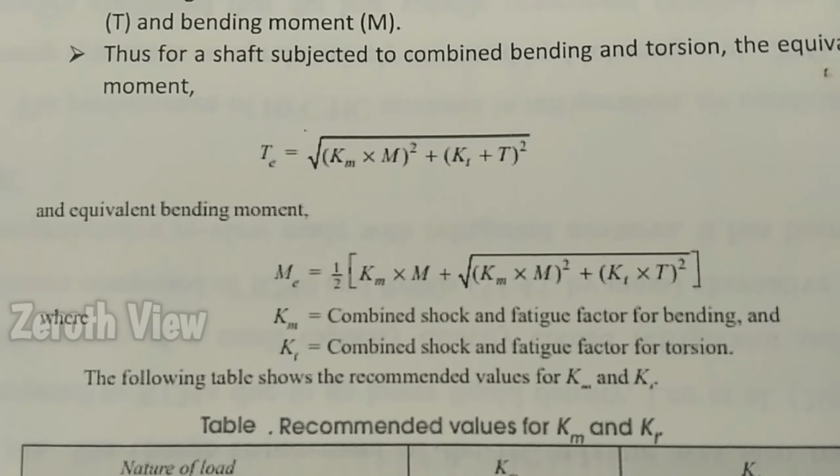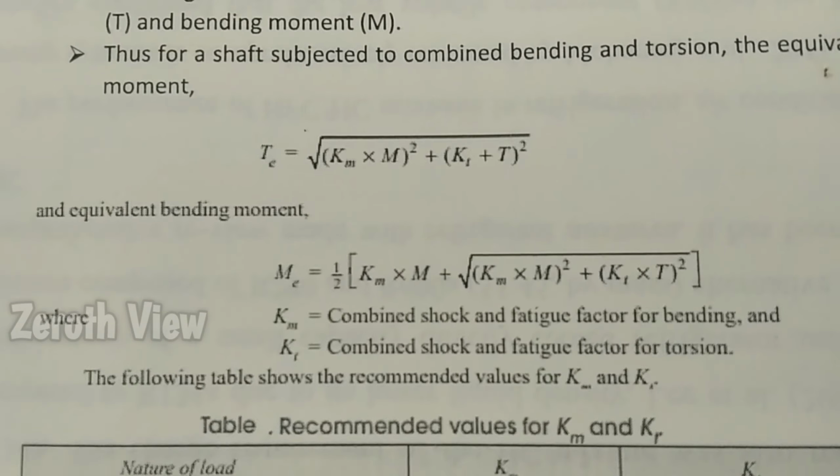If we calculate this, you will get T equal to 955 Newton meter, or 955 into 10 to the power of 3 Newton millimeter.